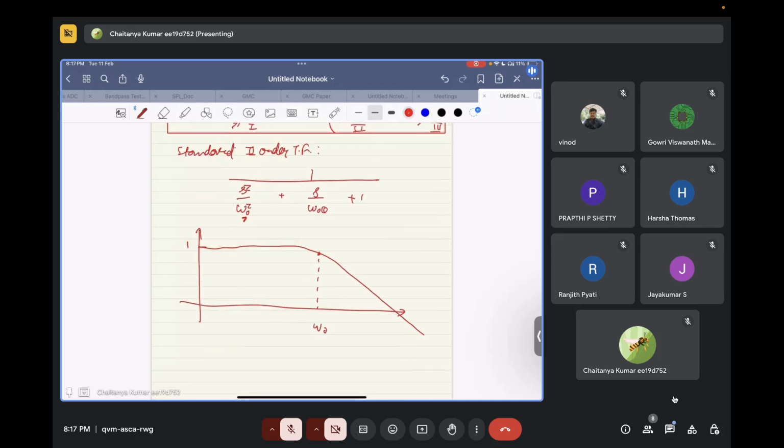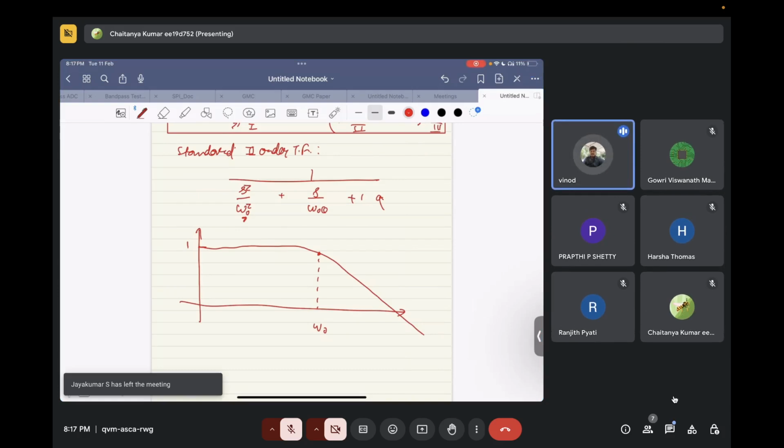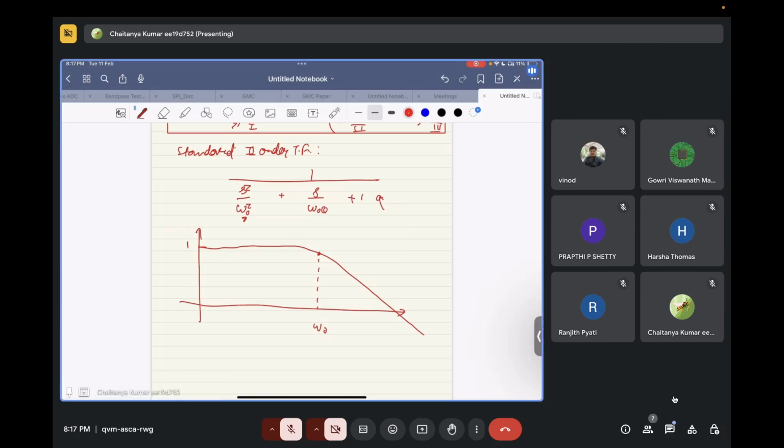So, what will be the gain at omega naught? Can anyone find it out? Of the second order transfer function that I have written over here, what will be the gain at omega naught? 0.707, that is 3 dB. No, are you sure?